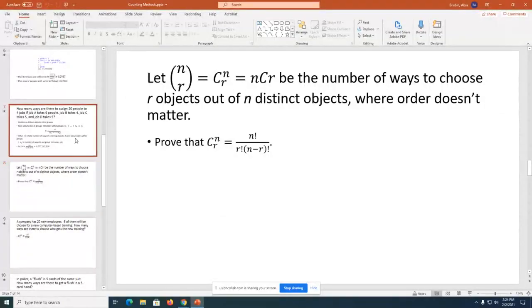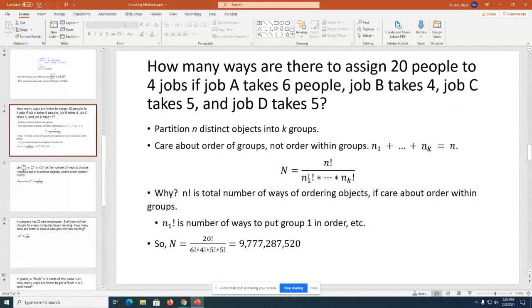We can think about this as taking n objects and dividing them into two groups. There's the group that we chose and the group that we didn't choose. And we don't care about the order of either one of those.